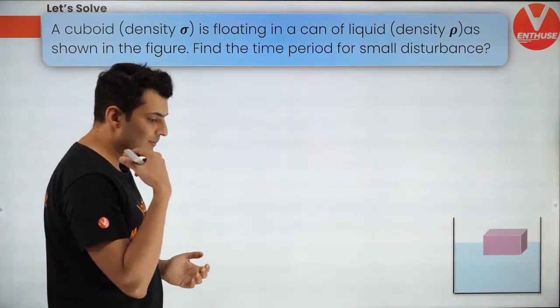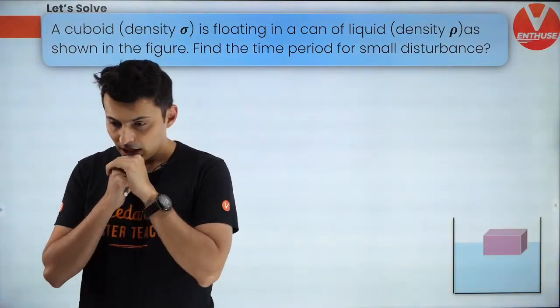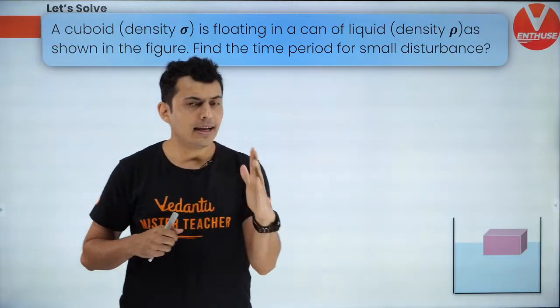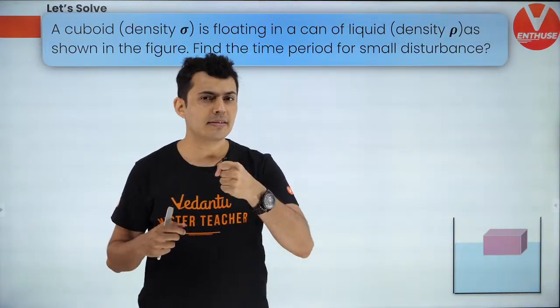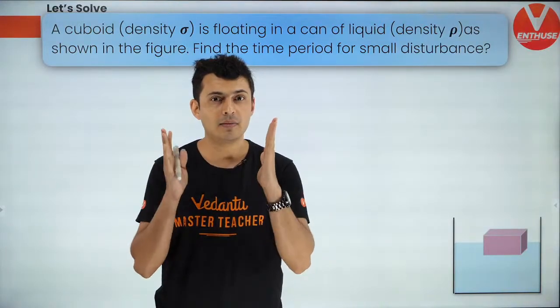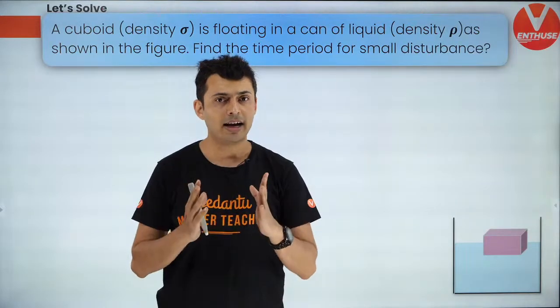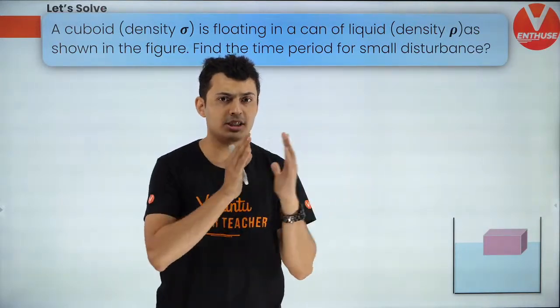Now, I want to solve this beautiful question with you. Remember, last lecture I told you, whenever there is a constant force, it does not matter. The time period of SHM is not dependent on the constant force. In fact, it's only the mean position which shifts.